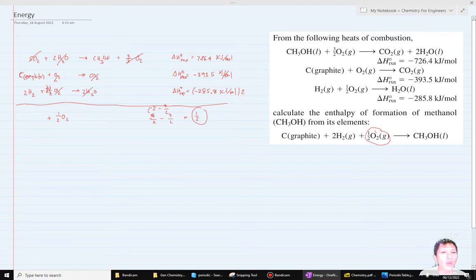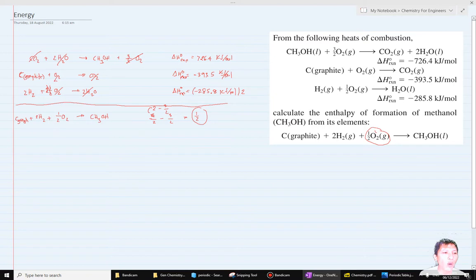So the only thing we did is multiply the last one by 2 and invert the first chemical reaction, and we come up with what we want: C graphite reacting with oxygen and 2 hydrogen molecules, and the product would be methanol.